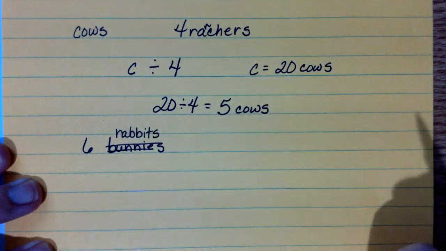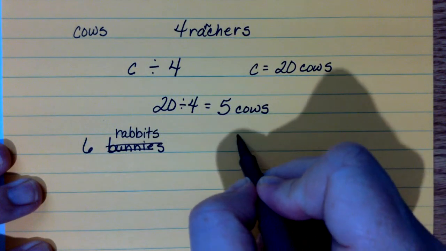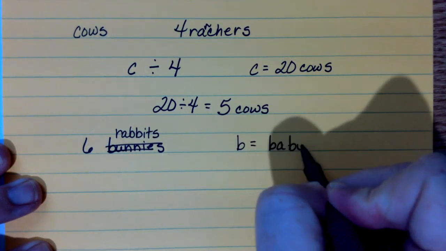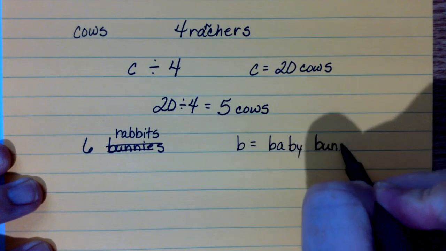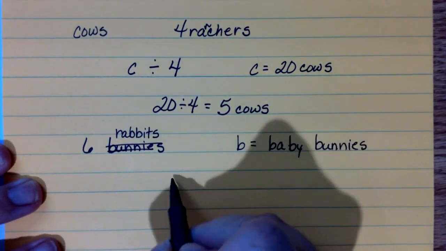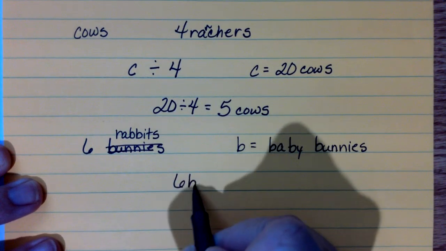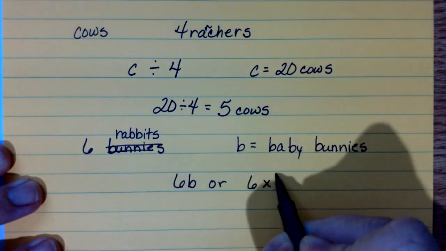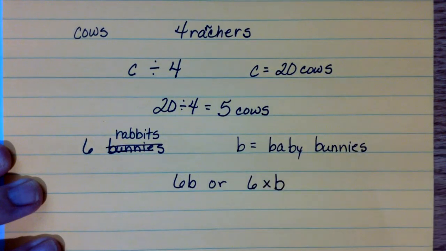Each of the rabbits had baby bunnies. So we're going to let B equal baby bunnies. How many rabbits did they have in all? 6B, or 6 times B. Either one of those is okay.